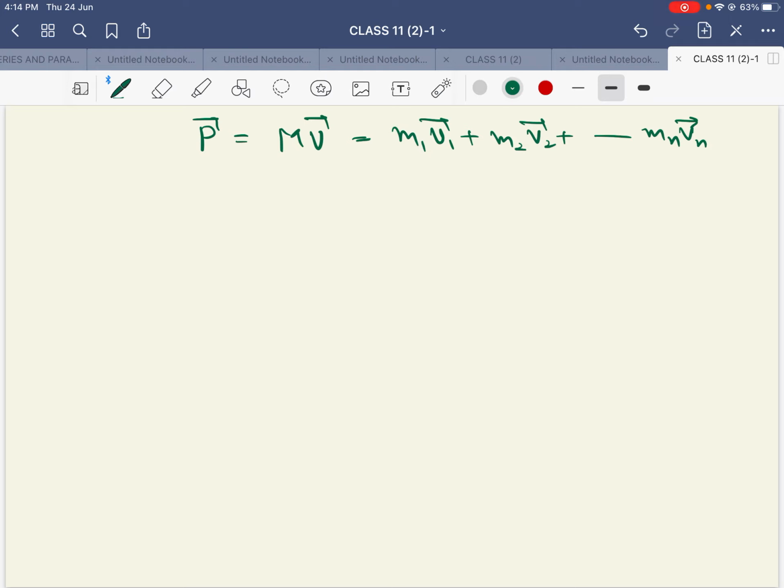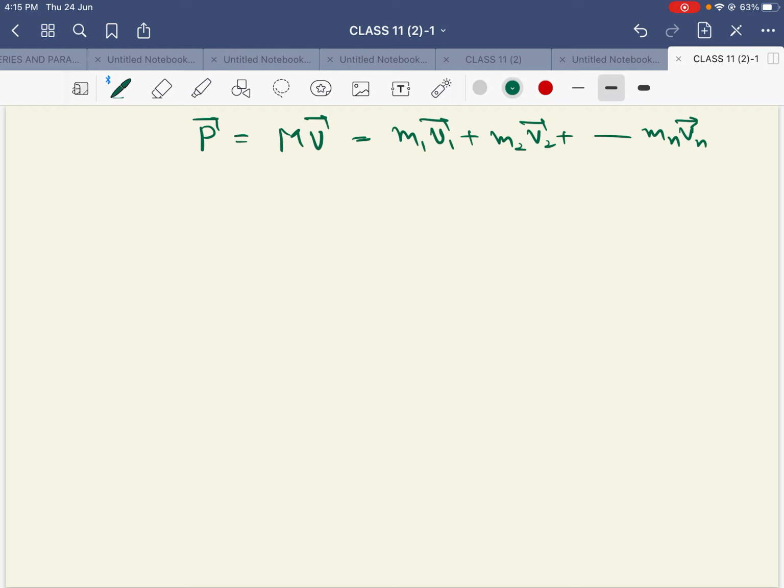This shows that the total linear momentum P of a system of n particles is equal to the product of the total mass of the system and the velocity of the center of mass.